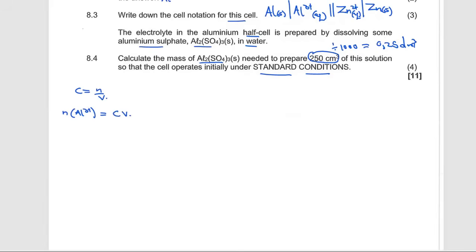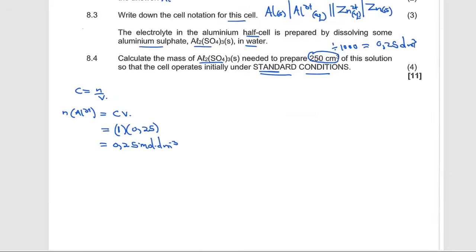The concentration of this one we're going to say is 1, because it says the cell operates initially under standard conditions. So we're going to have a concentration of 1, multiplied by the volume that we already converted, which is 0.25. If we multiply, you can see we're going to get the same value, which is 0.25. Now it's a concentration, therefore I'm supposed to say mol per dm cubed, right? So this is what I'm having there.